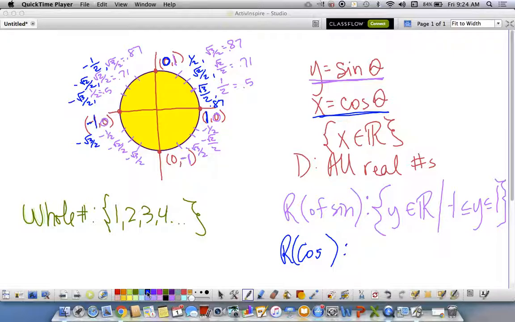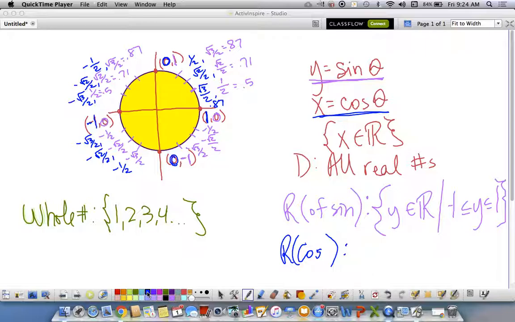Is that farther? Is that less than negative 1? No, it's going back up, from negative 1 back up to negative 0.87, negative 0.71, to negative 1/2 until we get back to 0. So we're actually increasing up to 0.